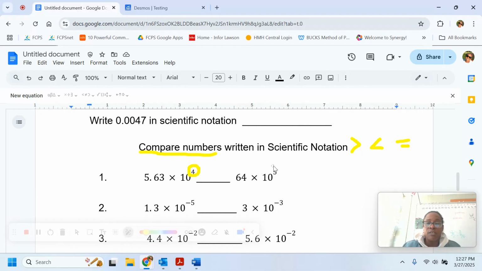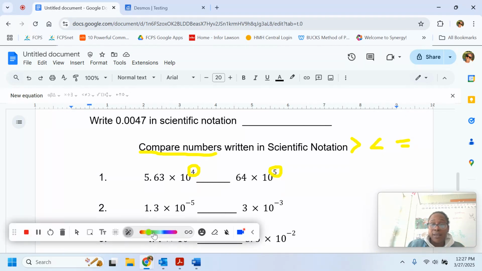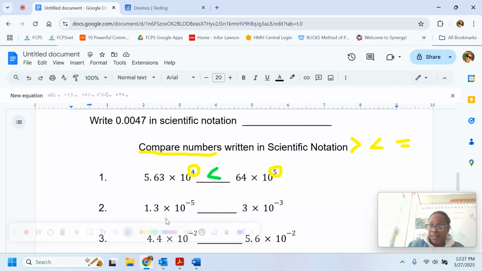So this exponent is 4, and this one is 5. Which one is larger, the 4 or the 5? If you said the 5, you're absolutely correct. When we write this, we have to say that the 4 is less than 5, okay? And that's all we have to do.